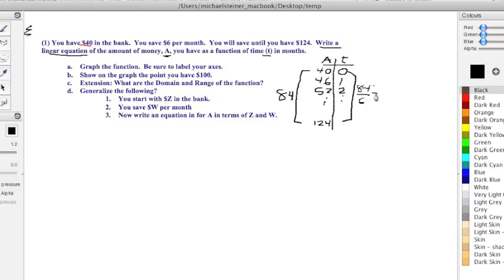So how much is this? This is 14. So at t equals 14, or 14 months, is when we have $124.